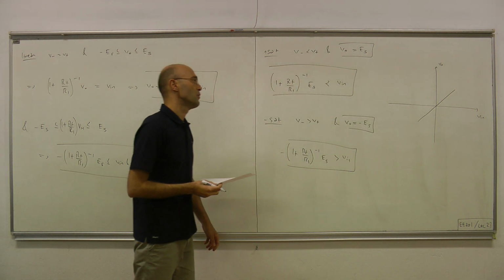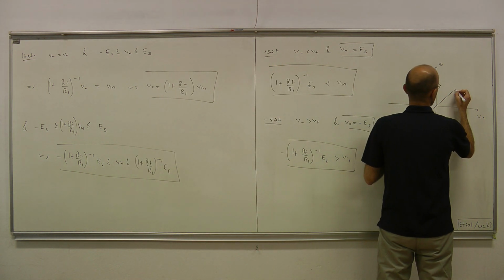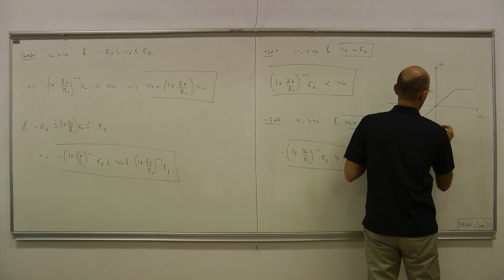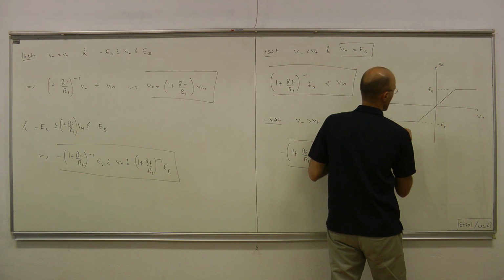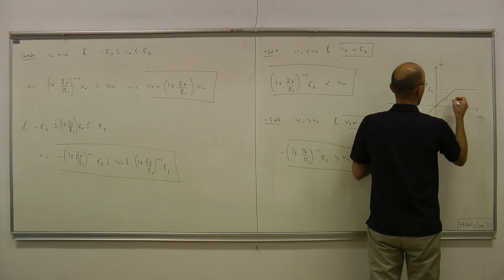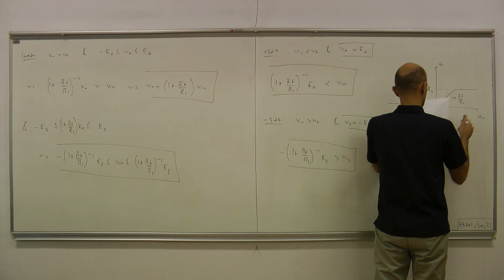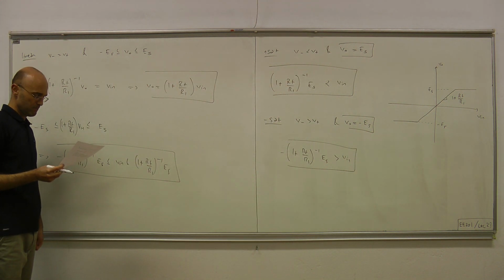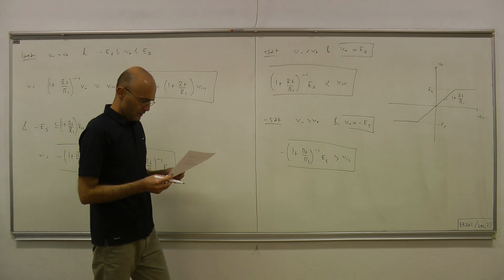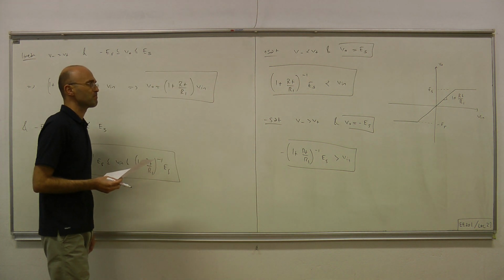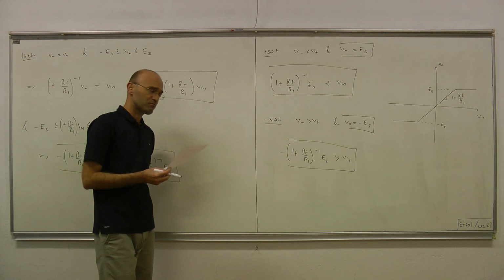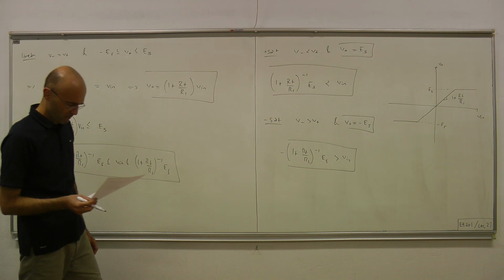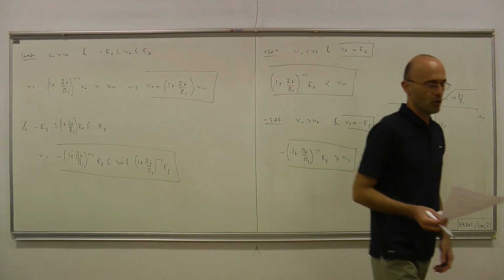A linear relation with positive slope, between minus ES and ES, and here the slope is 1 plus RF over R1. If you look at the circuit carefully, this is no other than a straightforward generalization of what we call a voltage follower or a buffer.